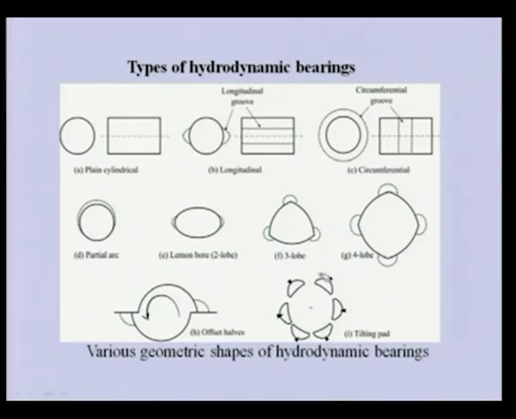So, you can see that these are the pads which can tilt about their pivoting point, and the journal rotates here. So, depending upon the requirement, these pads can take different orientations, and this is the most stable. So, the highest stability of the rotor system will be there with the tilting pad journal bearing.